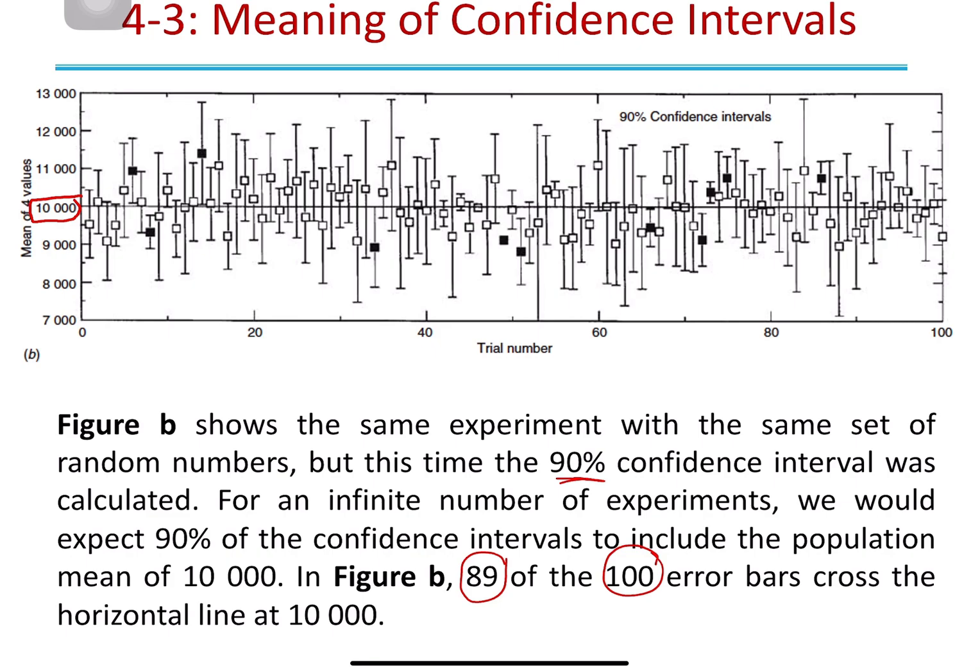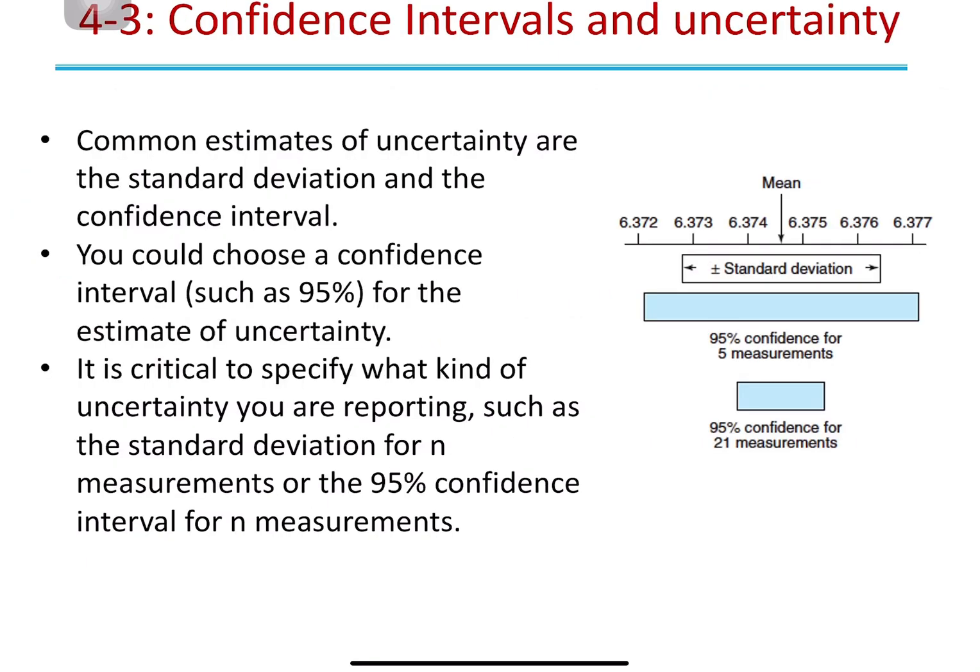This is what's meant by the confidence interval. So I'm 90% confident that my value, including the error bar, will actually include the true mean of the experiment.